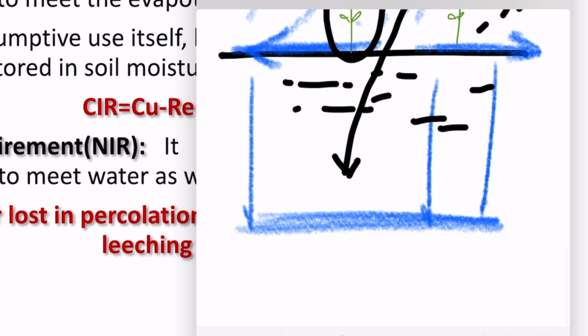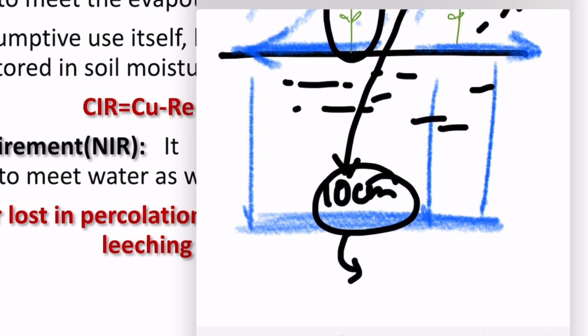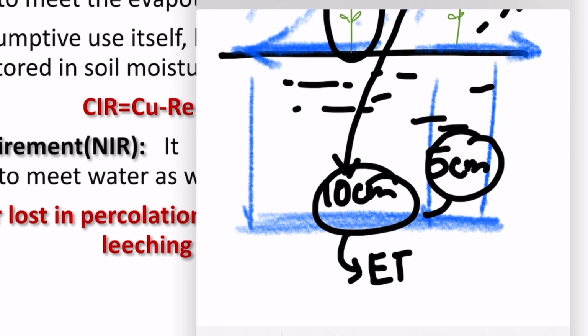Correct. Now, let's say 10 centimeter of water was required, just for example, to fulfill the ET need of the crop. But through the effective rainfall, only 5 centimeter of water could be provided to fulfill the ET need. Right?